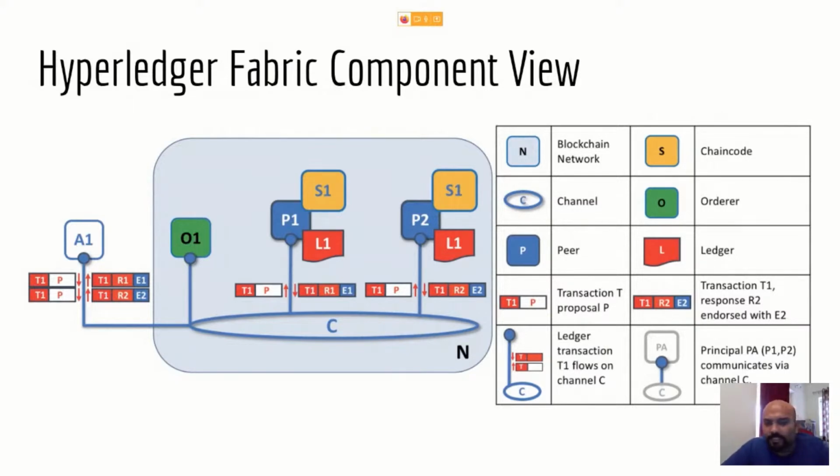As you see here in the diagram, T1 indicates the transaction with the proposal P, and when you submit a proposal, you get a response to the proposal which is endorsed by the endorsing peer. There are different types of peers in Hyperledger Fabric, which we will understand in the coming slides. So this diagram shows the major components.